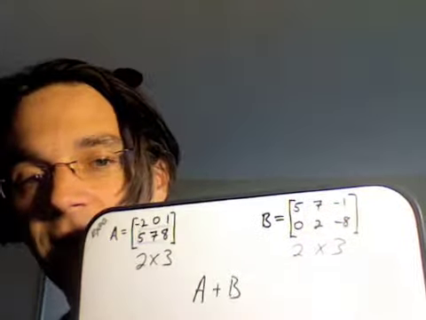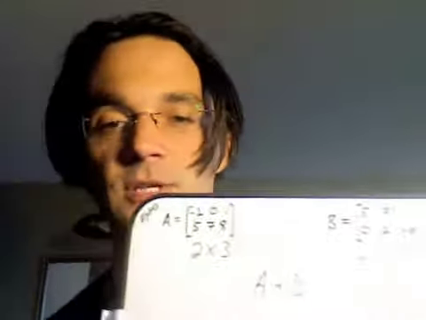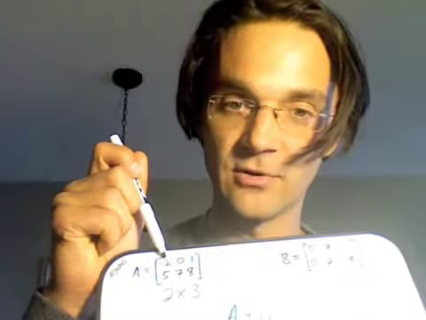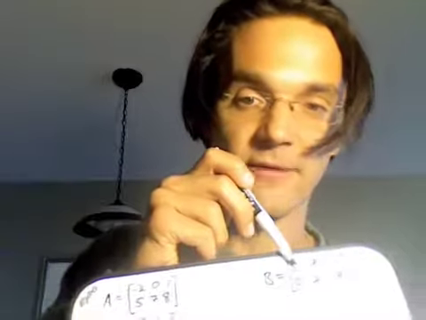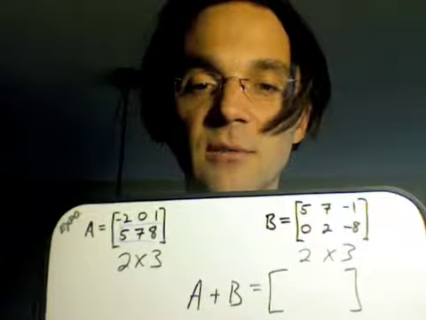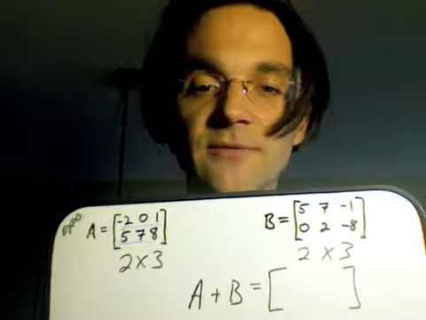What we're going to do is add the corresponding elements. So we're going to add the -2 to the 5, and we're going to get 3. And so in the result of A plus B, the element in the first row, first column, is going to be a 3. -2 plus 5.